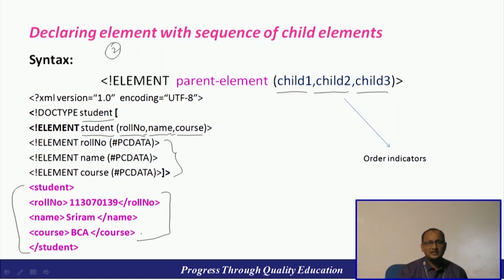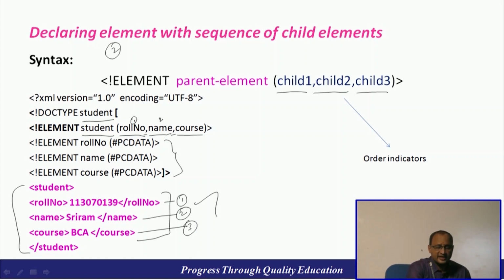Otherwise, it is an invalid document, because based on the student, the child elements are roll number and name, then course. So, the order should be given correctly. This is the first child, this should be the second child, and this should be the third child. In the same way I have given it in the XML document, so this is valid. Roll number is written first, this is the first child.